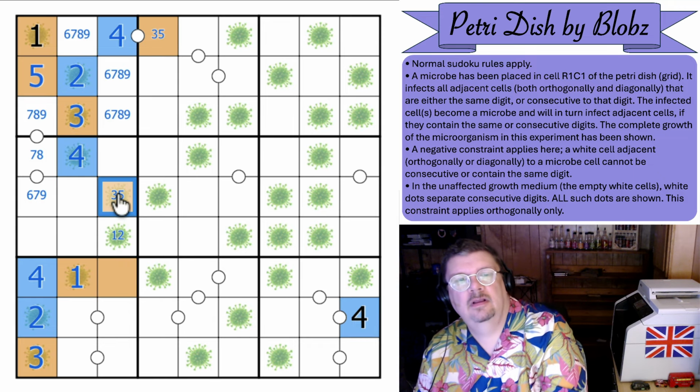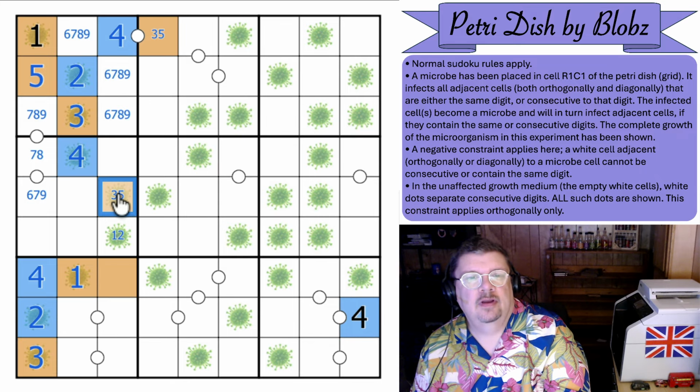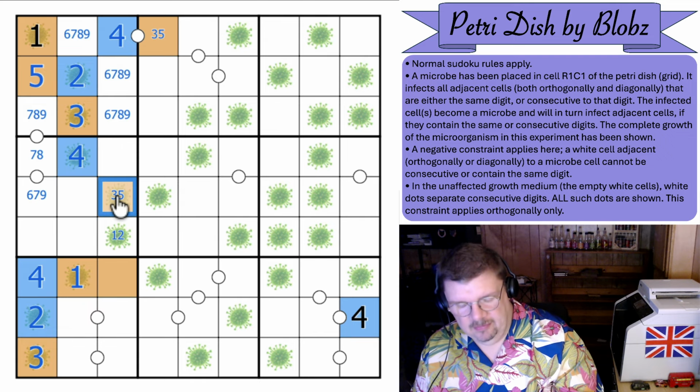Now, if that were a 3, right, so that I think makes that a 3, because if that were 1, we could go 2 to 3. If that were a 2, then it was infected by this cell directly. Yeah, so that's a 3.